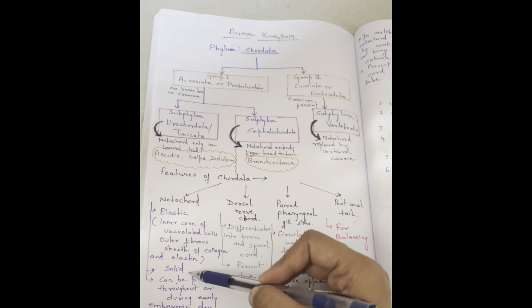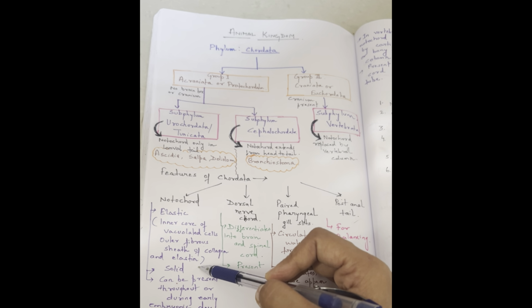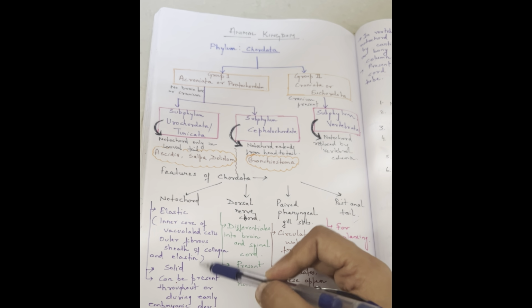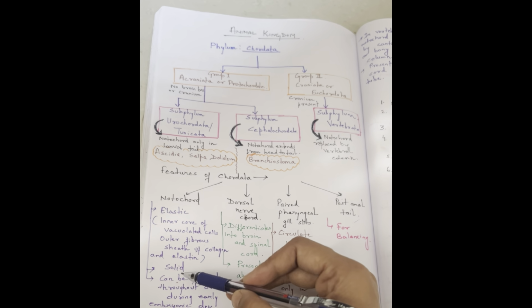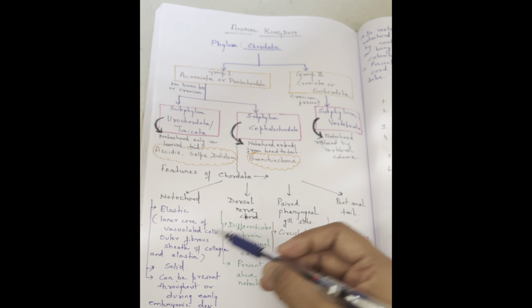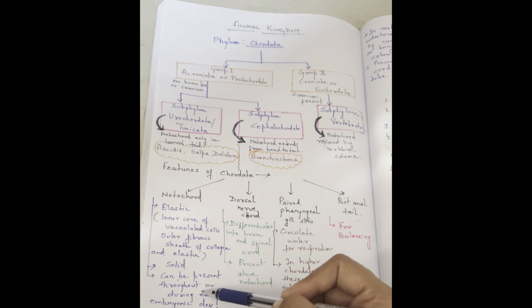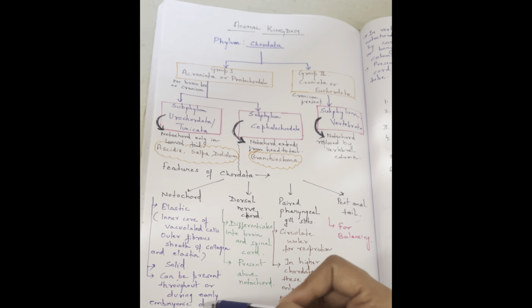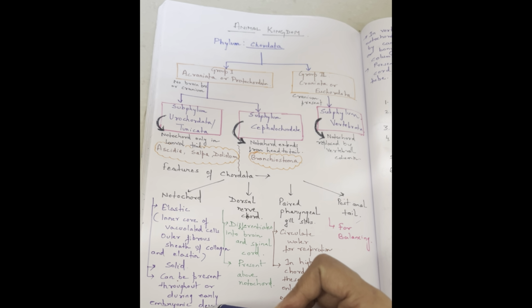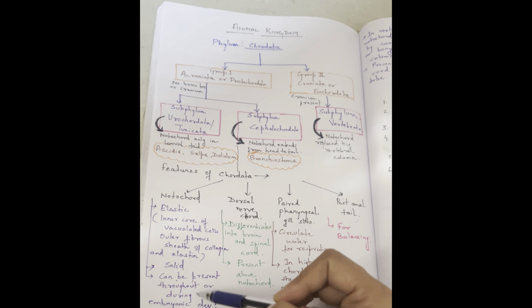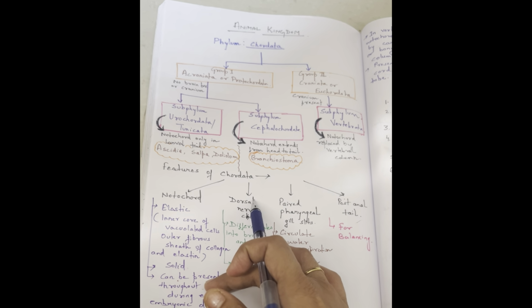It is solid, it is not hollow from inside like a pipe. No, it is not like a pipe. It is a solid, cylindrical structure. It can be present throughout life or only during early embryonic development. Okay, so these are the general features of the notochord.